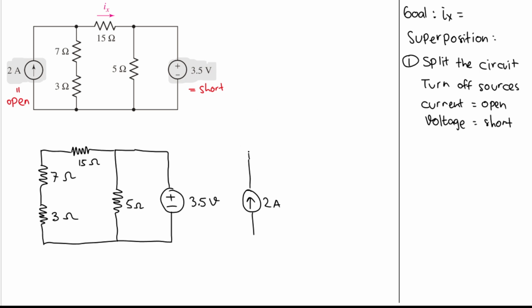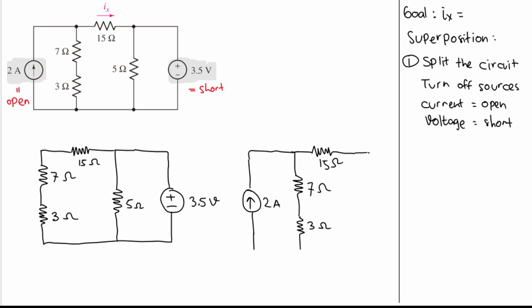We will have that 7 and 3. 7 ohm, and then this one is 3 ohm. And then that will be 15 ohm. So we have 15 ohm here.